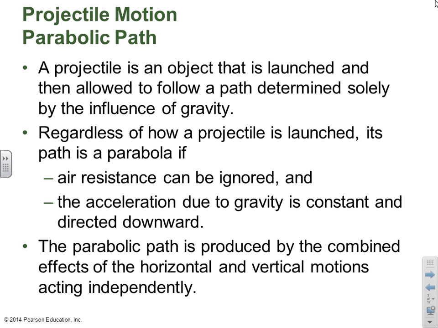Because if I take these two objects and drop them from the same height, they hit the ground at the same time, because gravity accelerates all objects the same. The fact that we add a horizontal part to one of the motions doesn't change what gravity does to it vertically. Okay? So, ready?